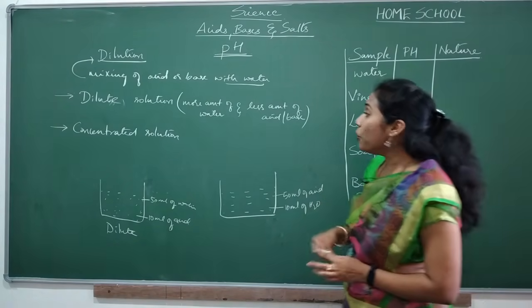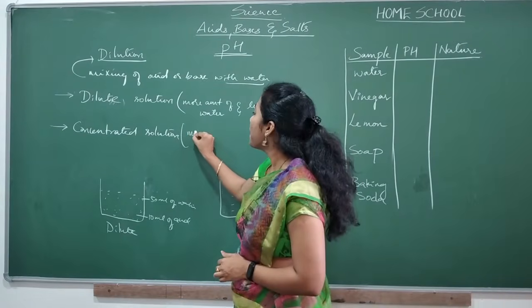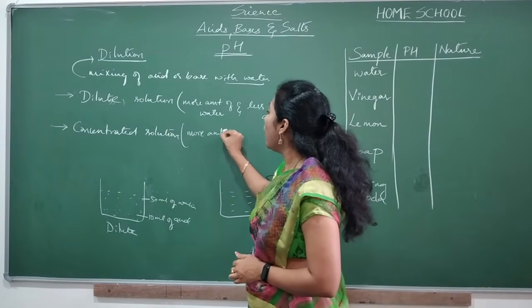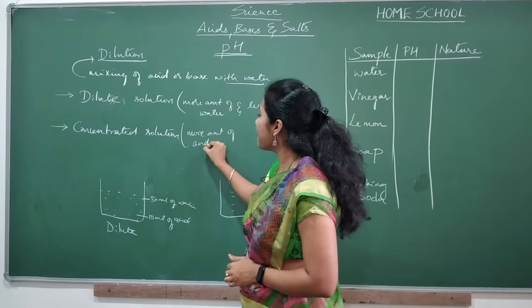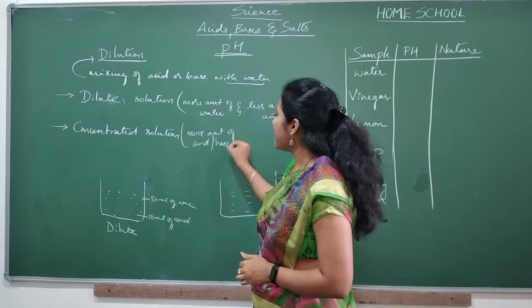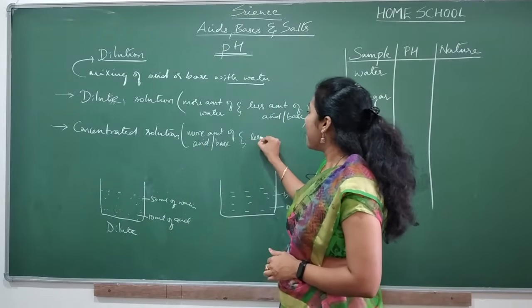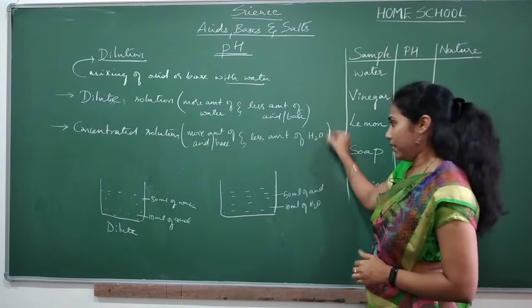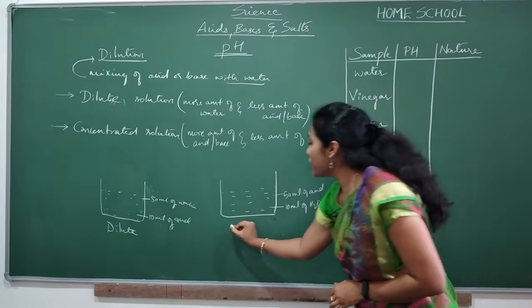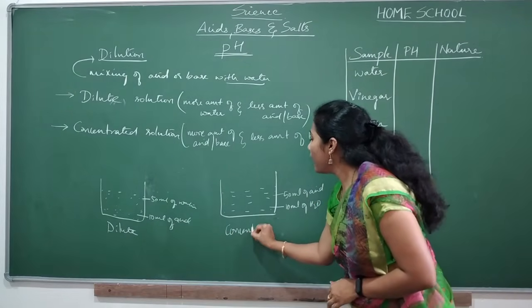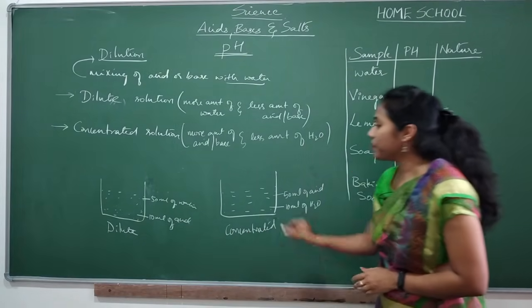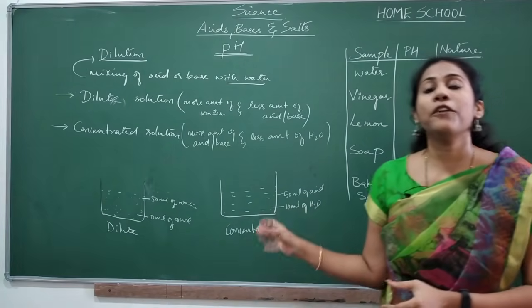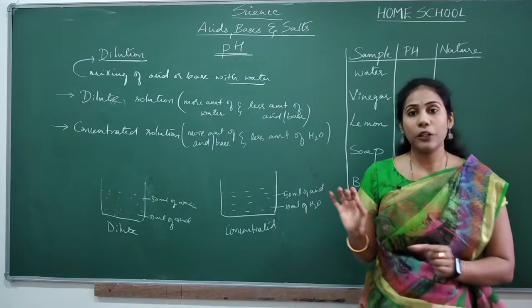See, more amount of acid or base and less amount of water, if you observe, then such a solution is called a concentrated solution. So this point of difference is very, very important to understand.